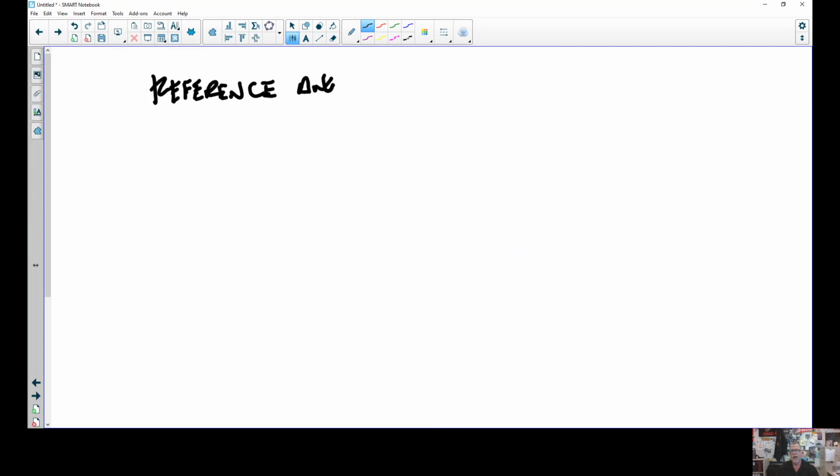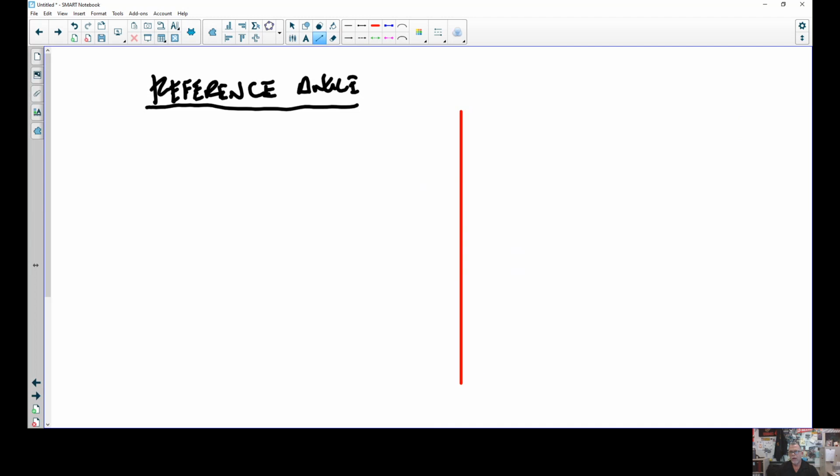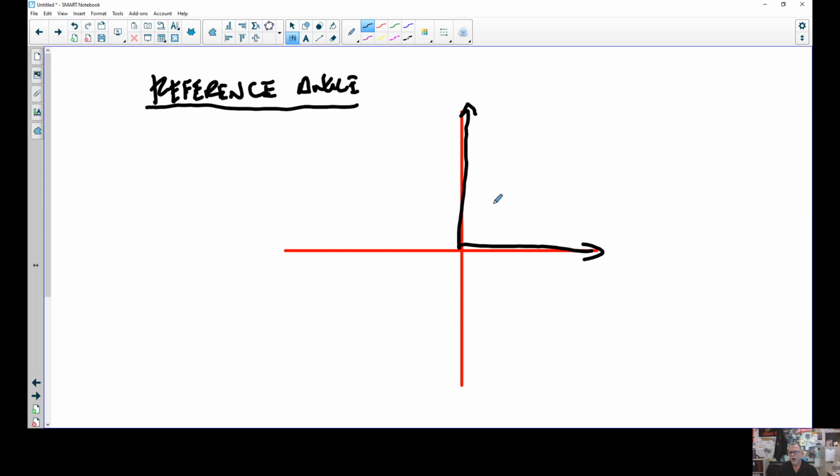All right. A reference angle is the idea that when we start to talk about, I'm going to look at drawing an axis again here so we can deal with an angle. All right, so I draw a standard position angle on this axis. Well, that's just so ugly.